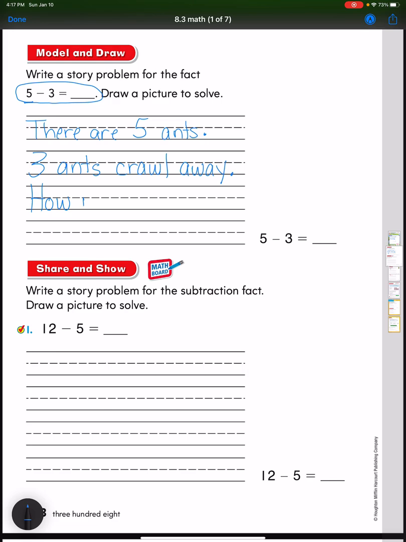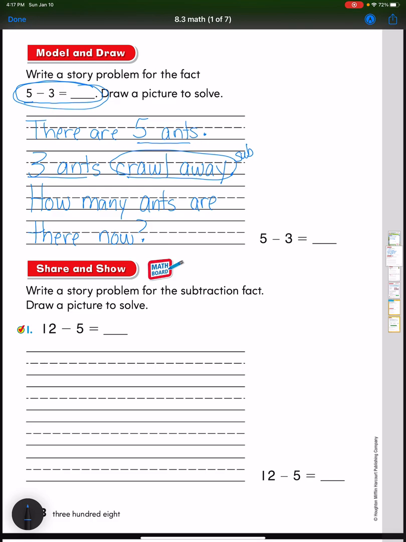How many ants are there now? So there's my word problem. I created it. I used my subtraction sentence, 5 minus 3 equals. There are 5 ants. 3 ants crawl away. Right? They're gone. They're out of here. That tells me to subtract. How many ants are there now?